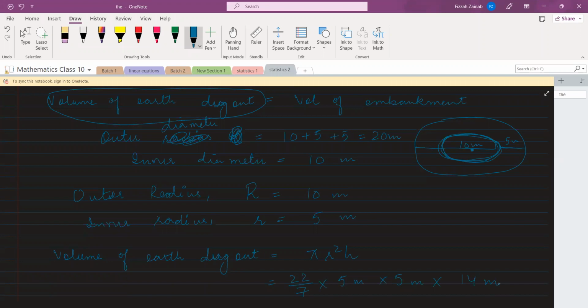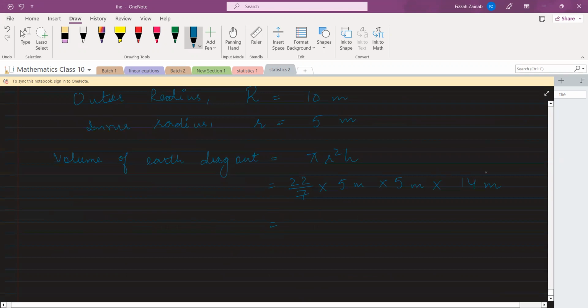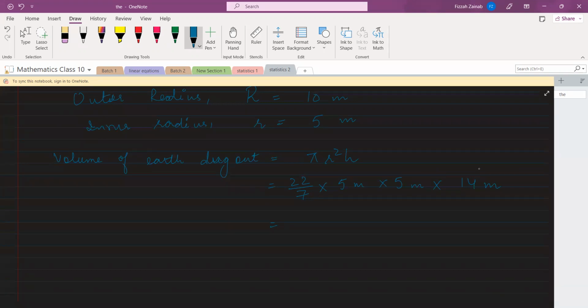Clear? Depth of the well. All right. Now this is simple. So 7 into 2, 14, that you can cancel. 2 into 22. So you are getting 22 into 5 into 5, and then one more 2 here, in meter cube. So you can multiply it like this, these two together and these two together. So 5 into 2, 10, carry 1, 5 into 2, 10, and 1, 11. And this is again 10 meter cube. So this becomes 1100 meter cube.